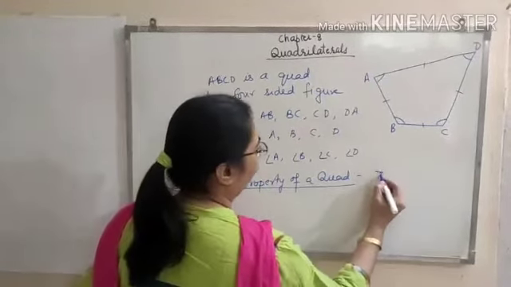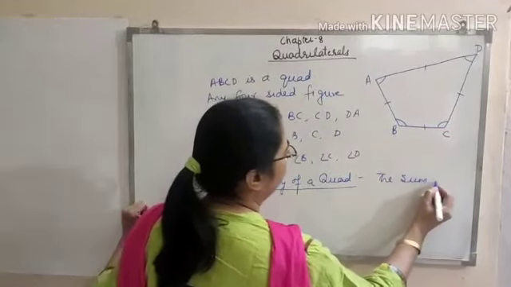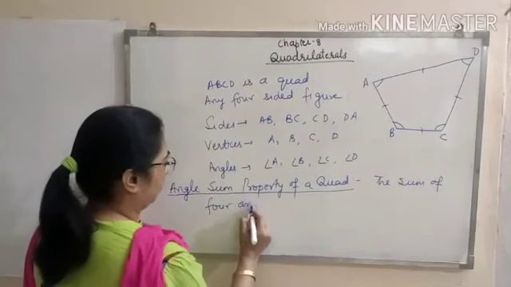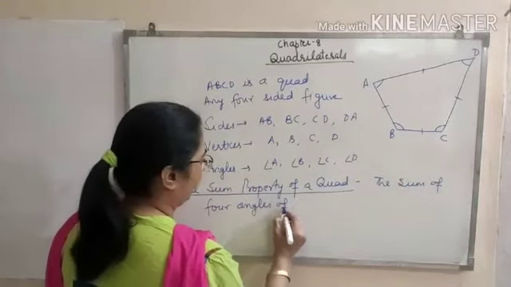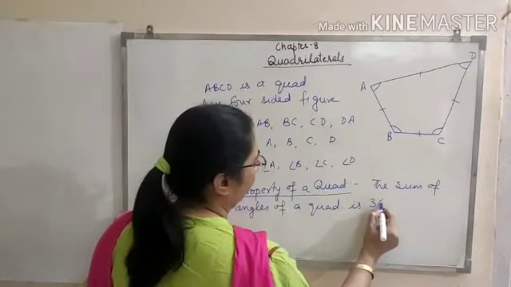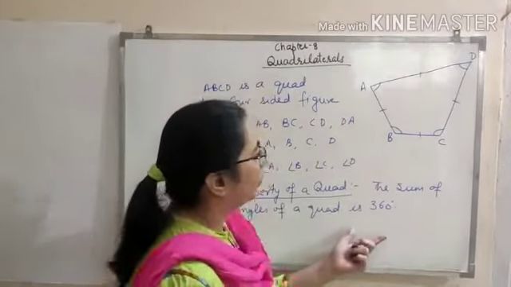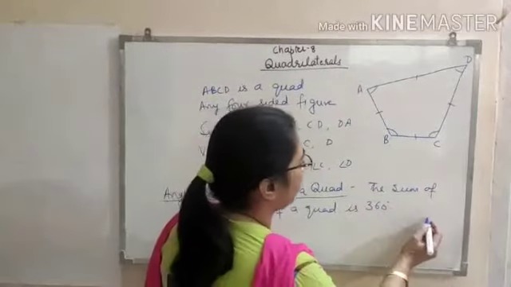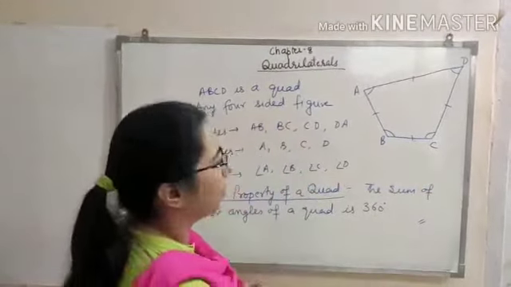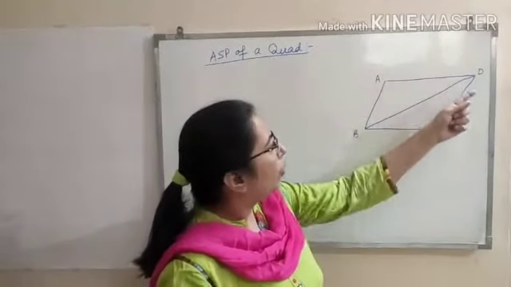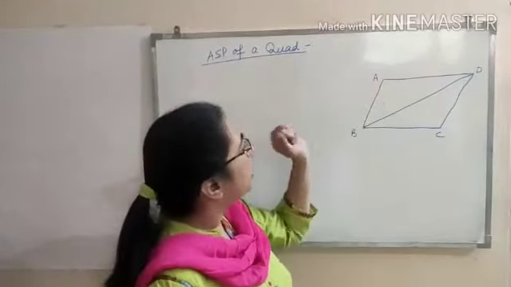The sum of 4 angles of a quadrilateral is 360 degree. We will prove it. This property we will prove, that the sum of 4 angles of a quadrilateral is 360 degree. Let's prove it.